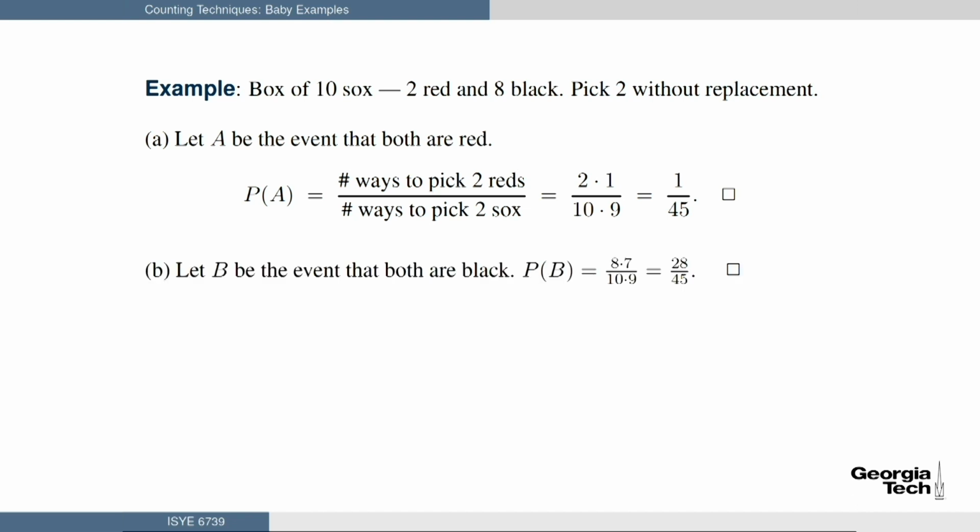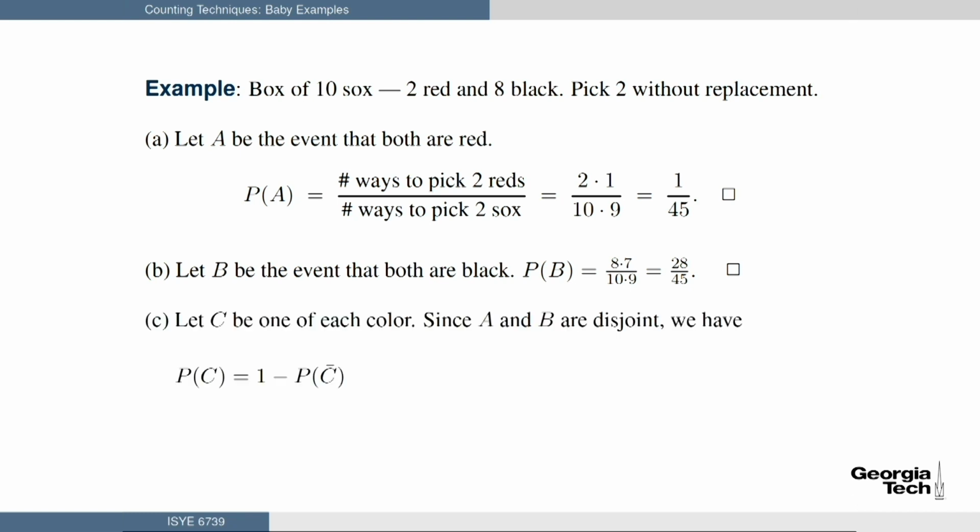Let B be the event that both socks are black. So the probability that I pick two black socks, by the same exact reasoning, is 8 times 7 over 10 times 9. That's equal to 28 over 45. Finally, let C be the event that I pick one sock of each color.